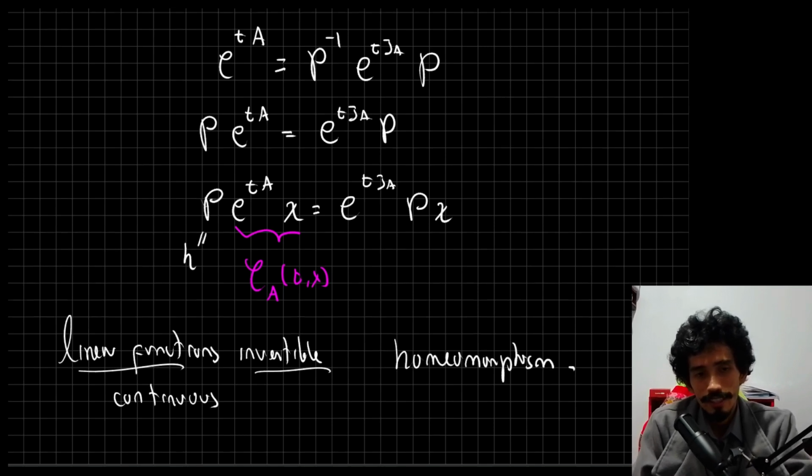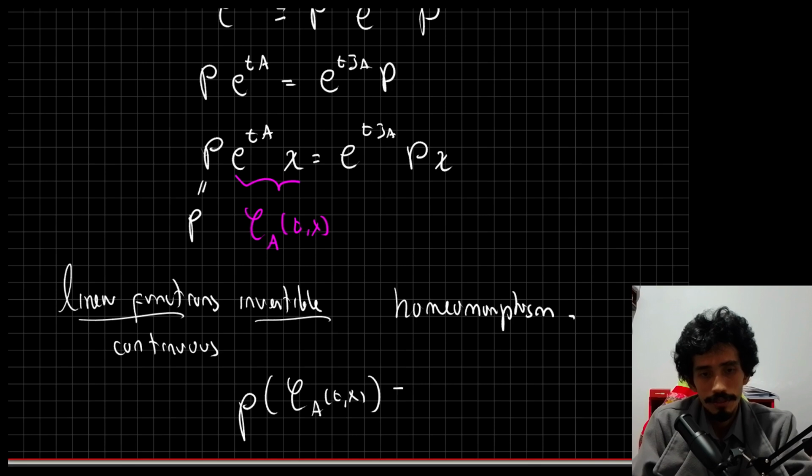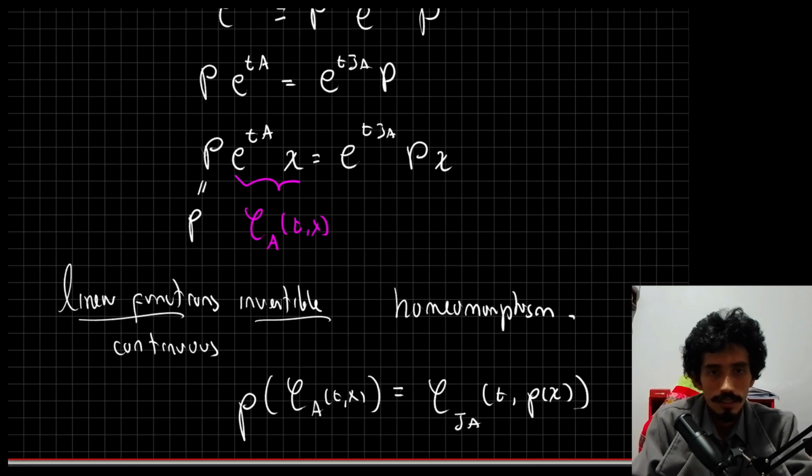So if P defines a homeomorphism, then we can call that a lowercase p. Then we are saying that lowercase p applied on this function is equal to the flux of lowercase p applied on x.